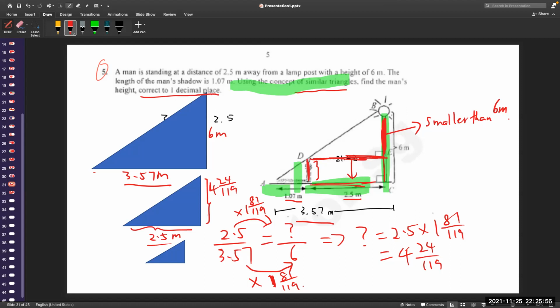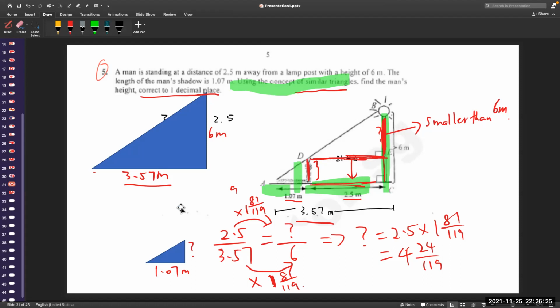Then now let's make use of this. I know that this is 1.07, right? Then now you can make use of this height already. Actually, you don't have to find out this length, because it means this is not needed.